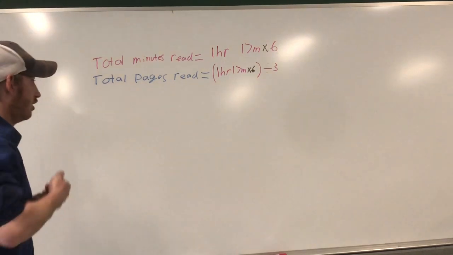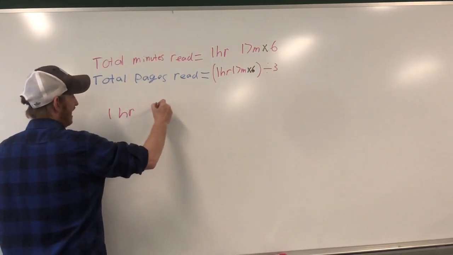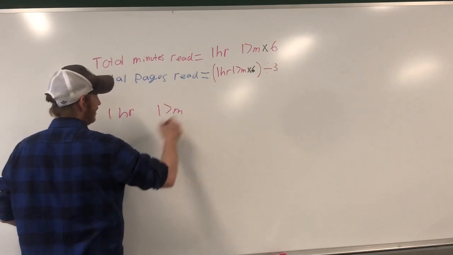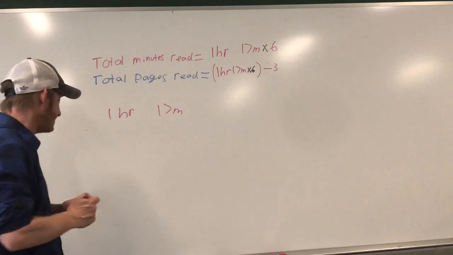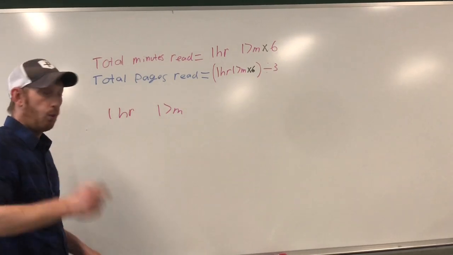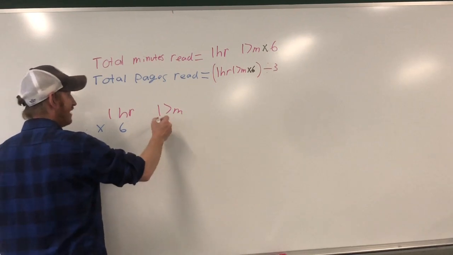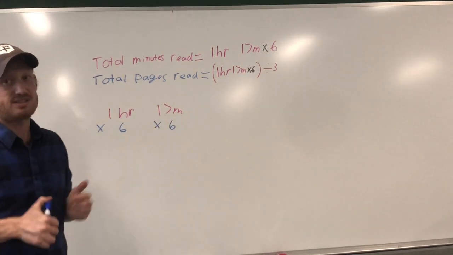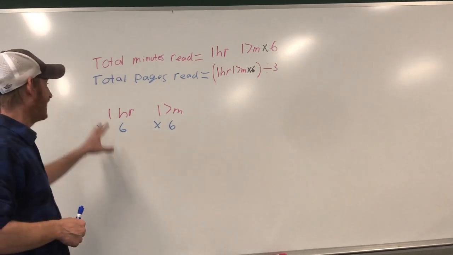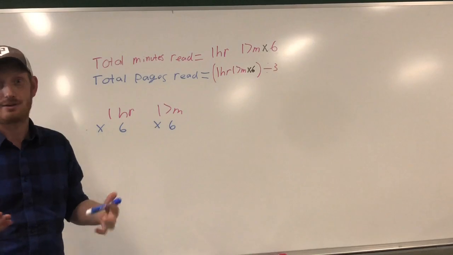So let's jump in. First thing we're going to do is 1 hour and 17 minutes times 6. I'm going to do it in 2 different ways, actually. I'm going to do 1 hour times 6, and I'm going to do 17 minutes times 6. I think when you're dealing with time, it's better to multiply each unit on its own and then put it back together in the end.